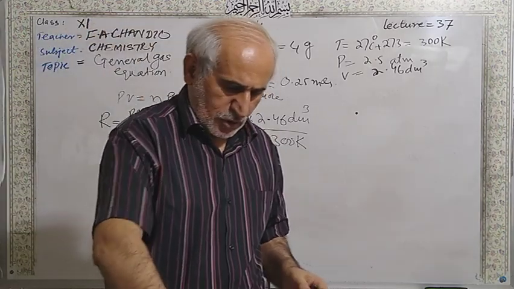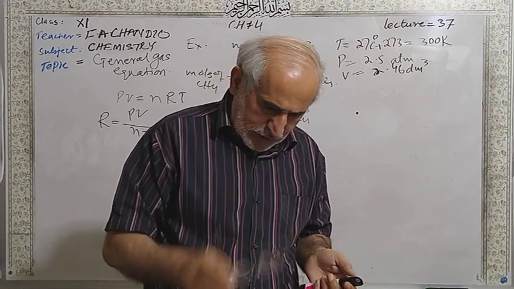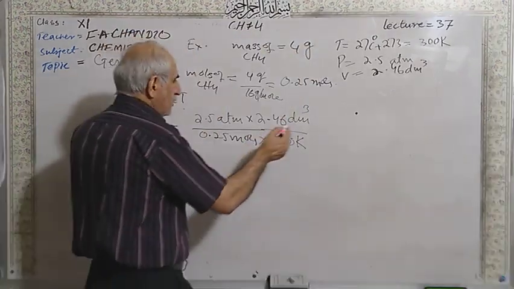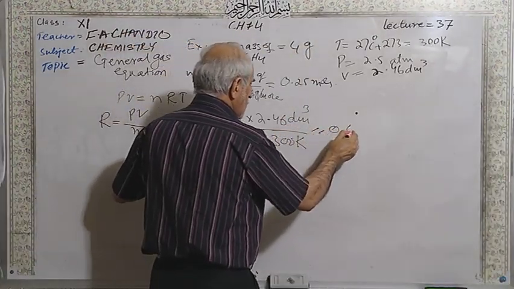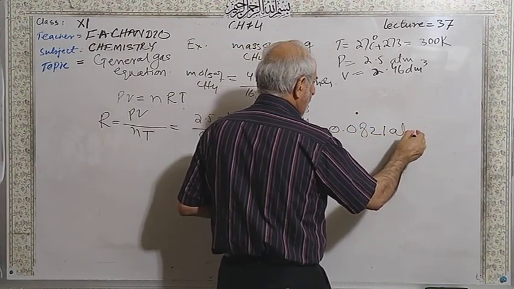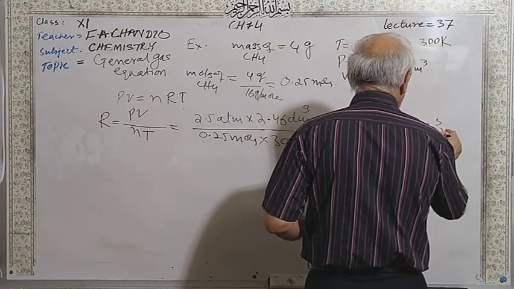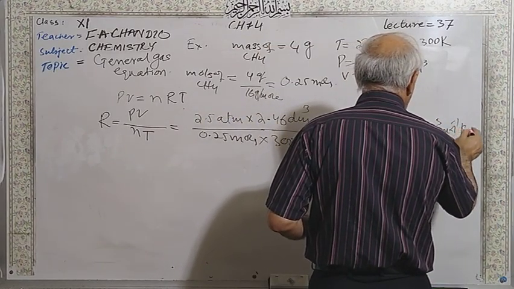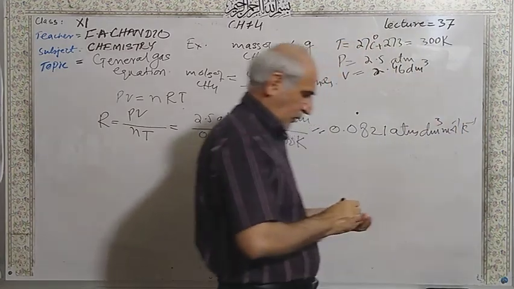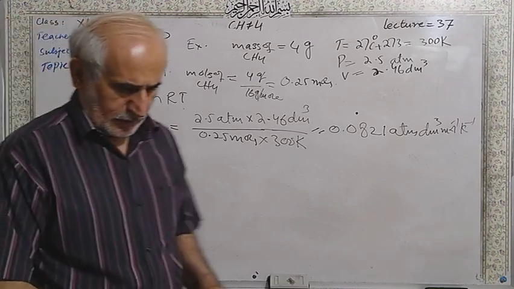If you calculate this, you get the value 0.0821 atmosphere decimeter cubed per mole per Kelvin. This is the value of R found by using this numerical.